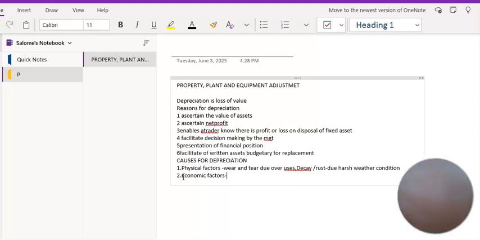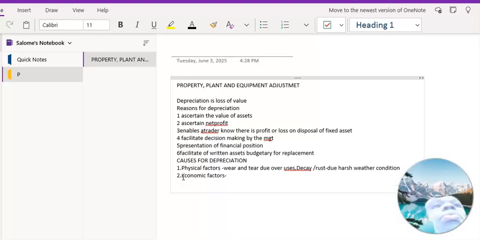Then let's see the third factor. The third factor is the time factor. So let's see how it causes depreciation.